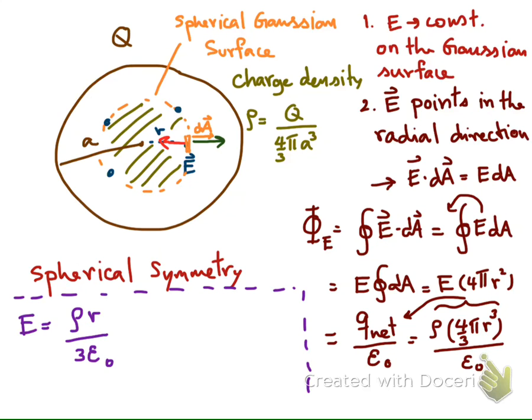So E is equal to rho r over 3 epsilon 0, which, if we substitute rho, is equal to Q r over 4 pi epsilon 0 a cubed.